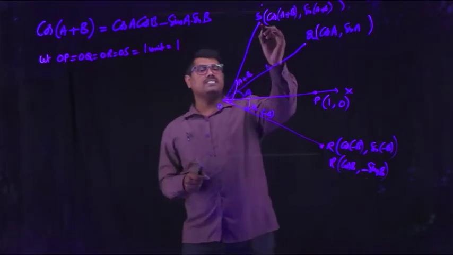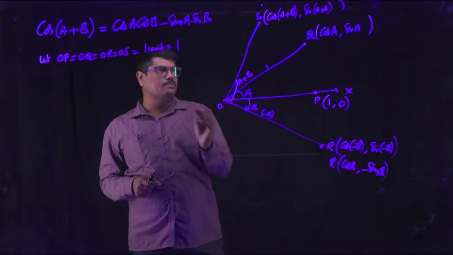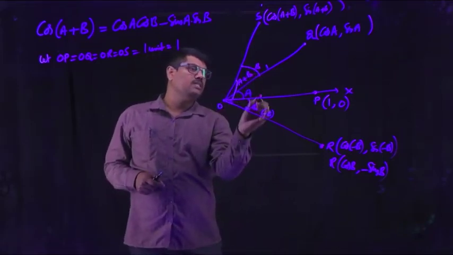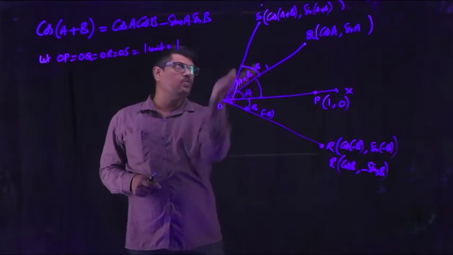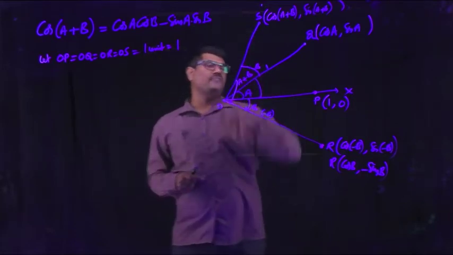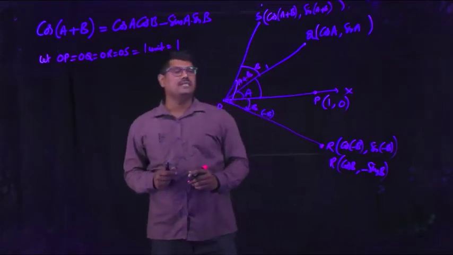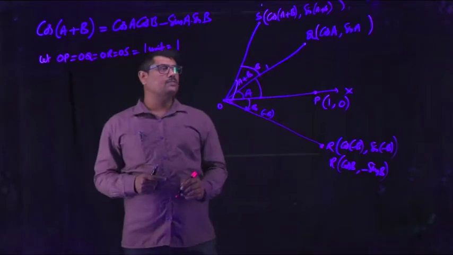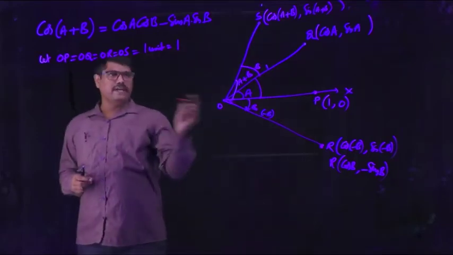Again observe, S is a point which makes an angle A plus B. So I am considering this portion of angle as B. This is A, this is B, so OS makes total angle A plus B. So the coordinates of S become cos A plus B and sin A plus B, by considering OS as 1 unit. Let me write the coordinates here.